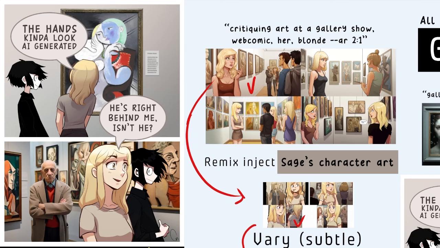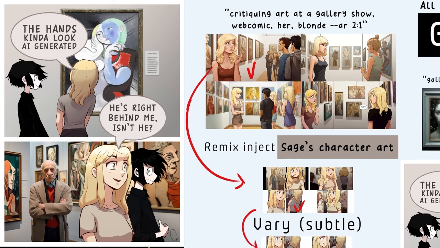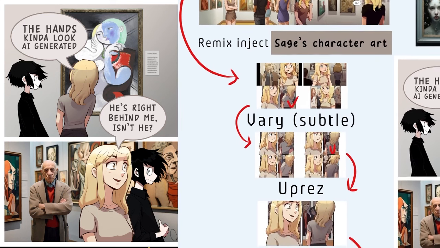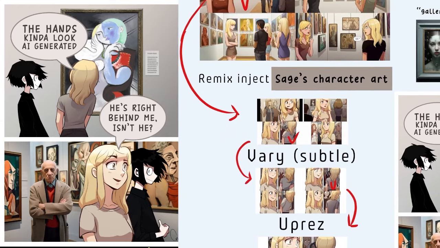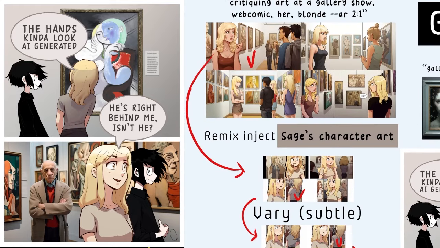I was thinking maybe Picasso's back there somewhere and she's up front. That's what I want. I do not want two characters side by side talking to each other, because that's not what's happening in my joke.